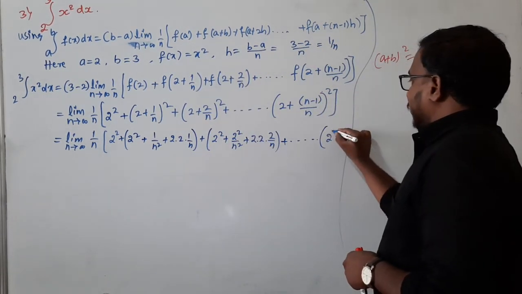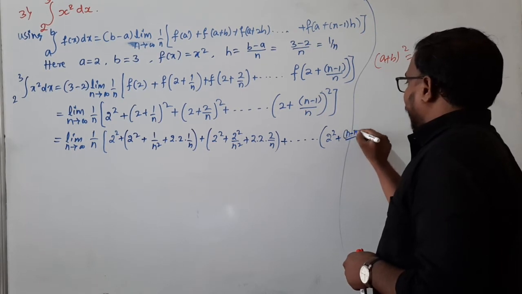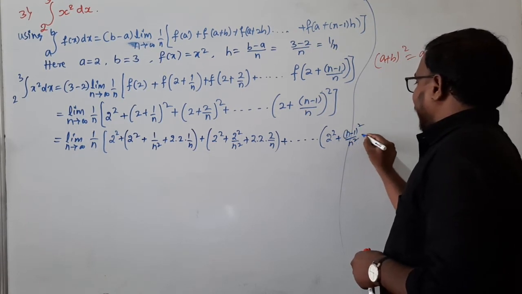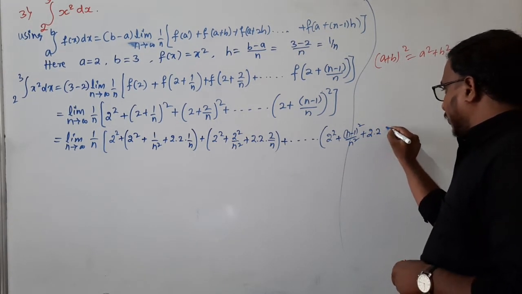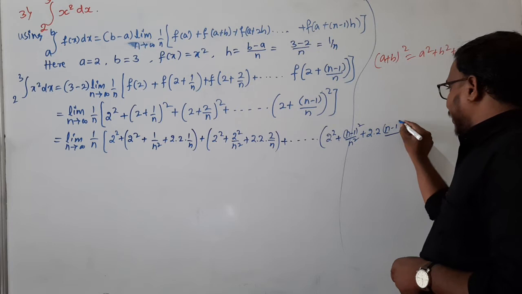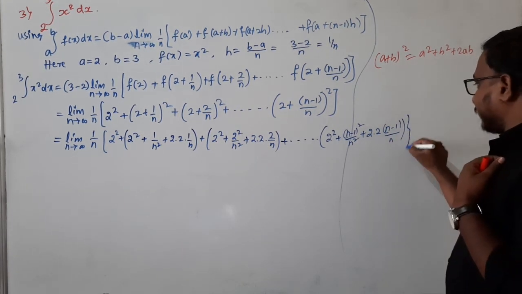Here the a value is 2 square plus the b value is (n minus 1) whole square divided by n square plus 2 into 2 into (n minus 1) divided by n.